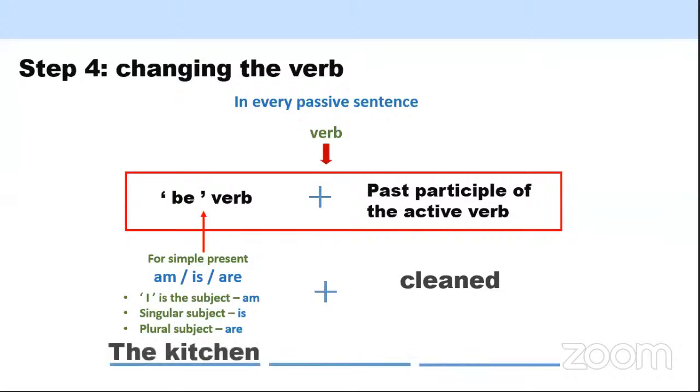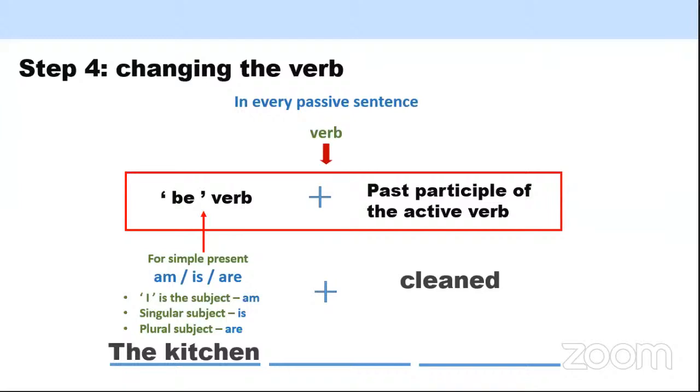Now, you know the kitchen is the new subject. So, depending on the new subject, you have to think about the be verb.